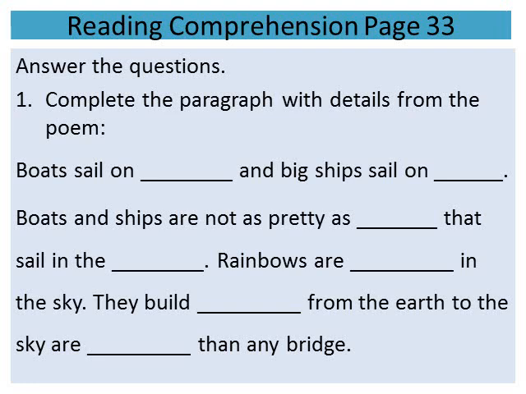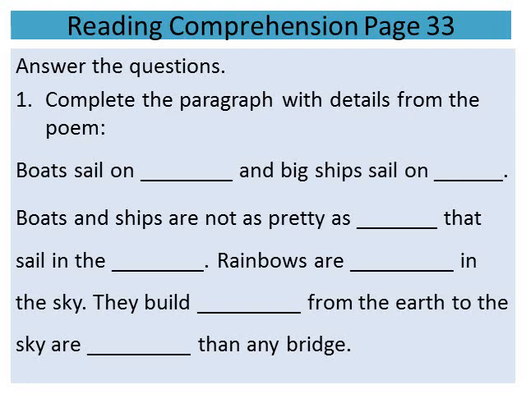So find out the answer for this blank and write down. Rainbows are dash in the sky. What are rainbows in the sky? What do they do? They build dash from the earth to the sky. So what do rainbows do in the sky? From the earth to the sky. Dash than any bridge.